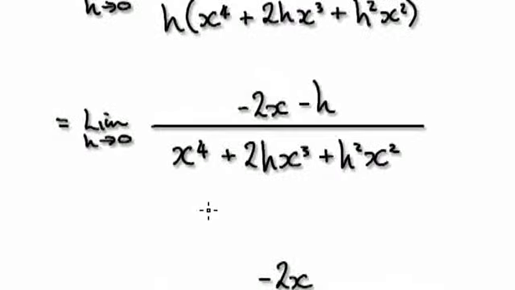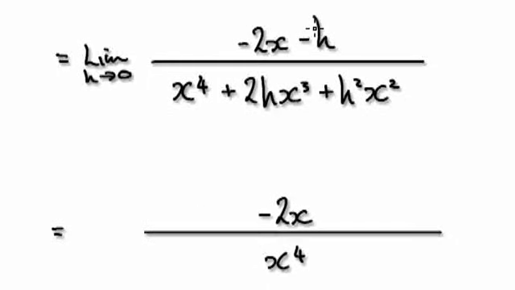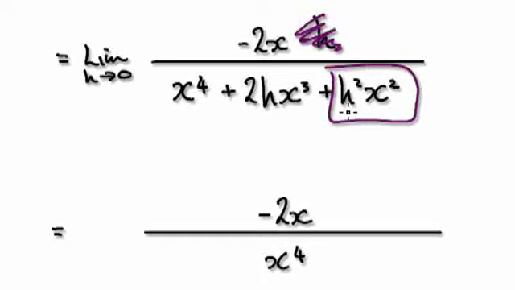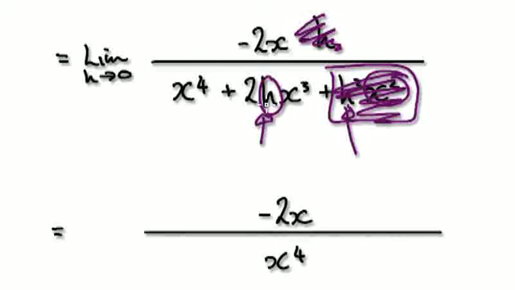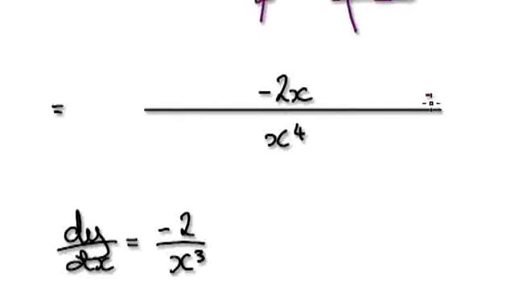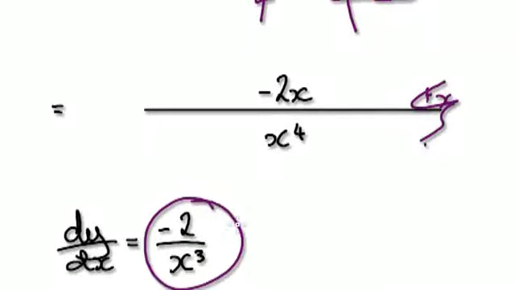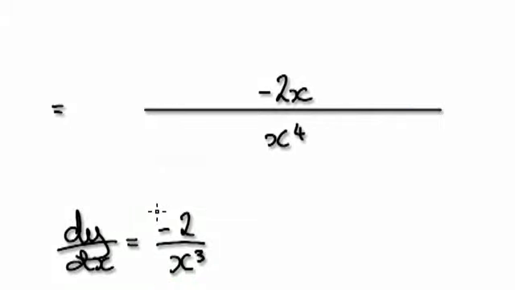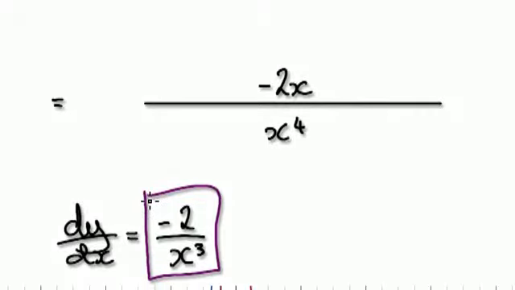As h tends to 0, this thing disappears, and you've got 0 times this thing, so that equals 0. Here you've got 0 times 2 times this, that pretty much goes, and that leaves you this. Then divide top and bottom by x, so that becomes this here. So dy by dx, this is your final answer.